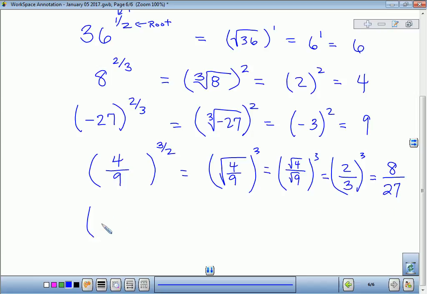Okay, now what would happen if I took this same thing, but instead of doing it to the 3 halves, we did it to the negative 3 halves? What did we say yesterday that negative exponent does? It flips it, it's reciprocal. So really, this is the same as 9/4 to the positive 3 halves.